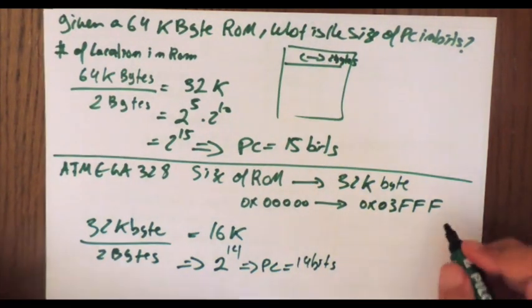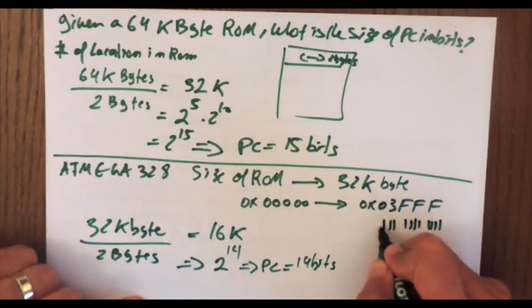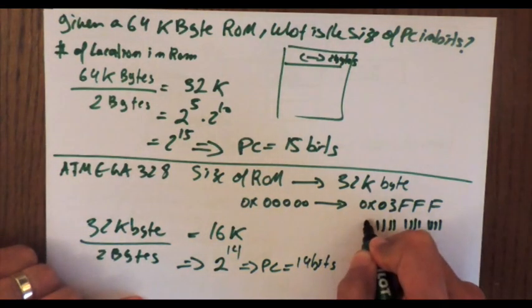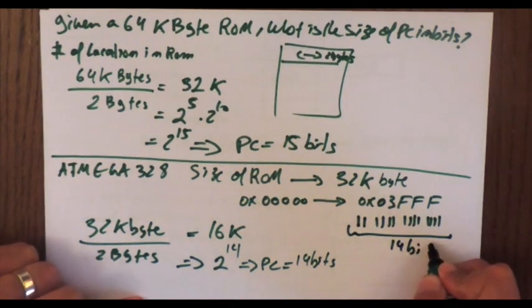So if I took 14 bits, I can count them here, 1 2 3 4, 1 2 3 4, 1 2 3 4. This is 12 bits, plus 1 1, so this is 14 bits.